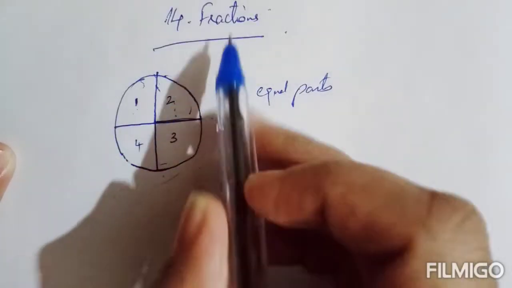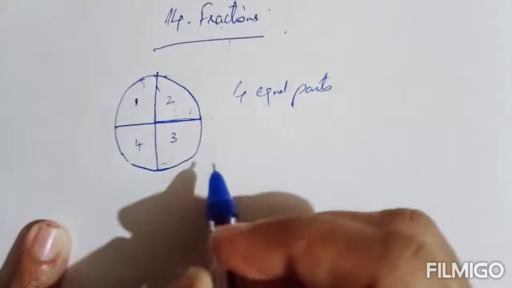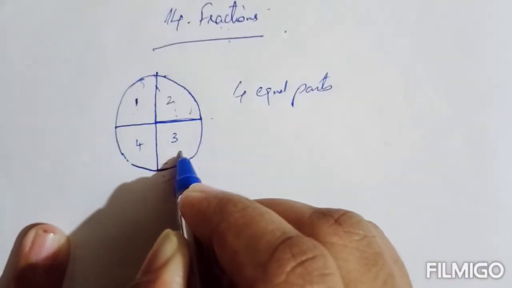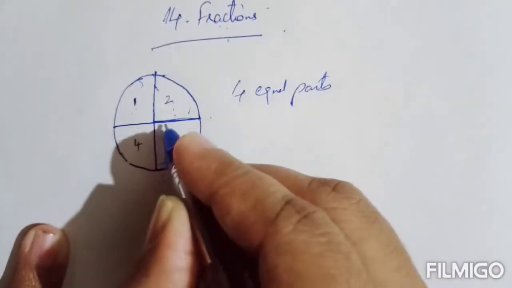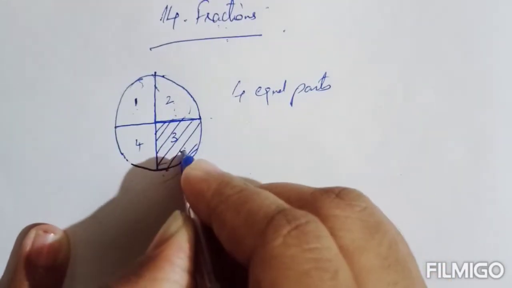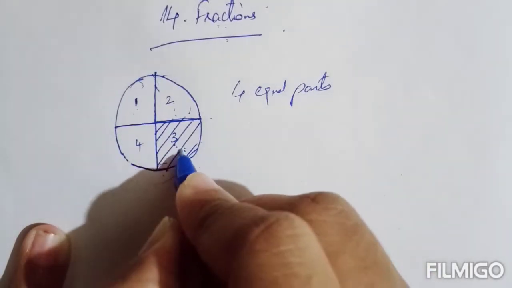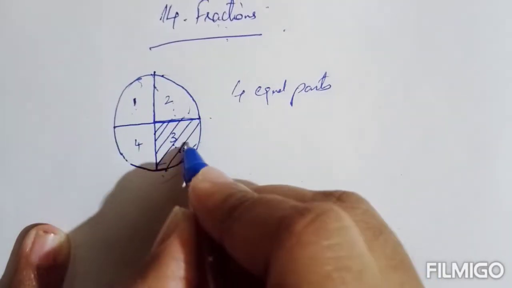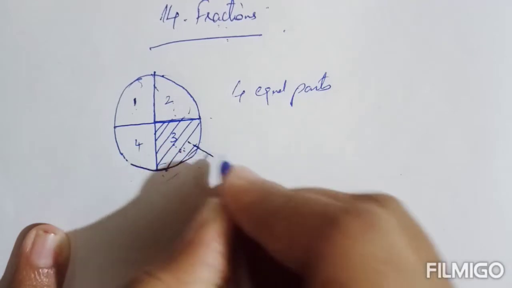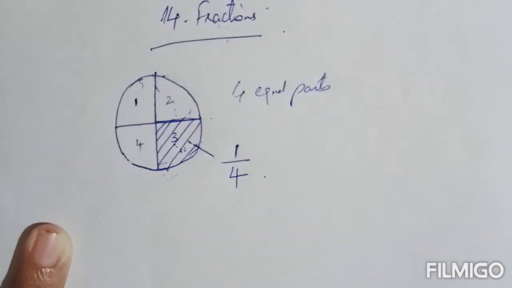Now, fractions are used to represent each part. Okay, let us take this part. How can we represent this part using fractions? This is 1 out of these 4 parts. So, we can represent this part as 1 by 4.